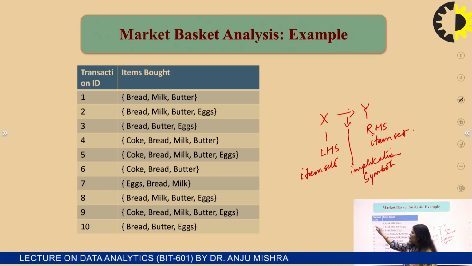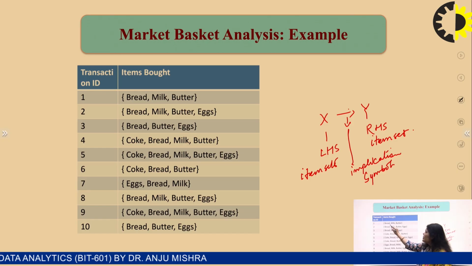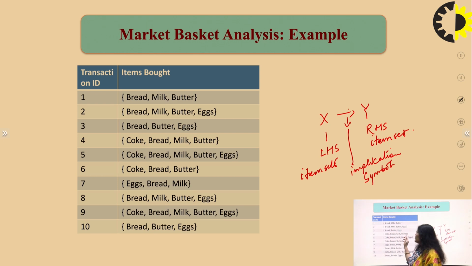For example, in the first transaction the user has purchased bread, milk and butter together, and in the second one the user has purchased bread, milk, butter and egg, and similarly in the fourth one, Coke, bread, milk, butter are being purchased by the customers. So we have a record of 10 such transactions, and we are going to see how to apply whatever we have learned about frequent item sets onto this data set, and how to find out the frequent item sets.